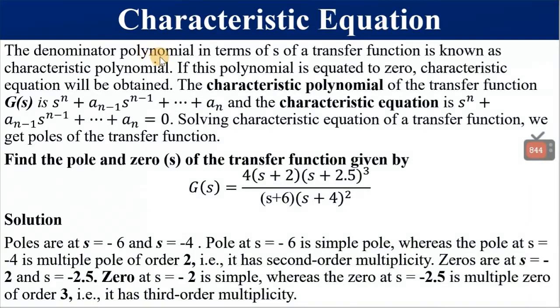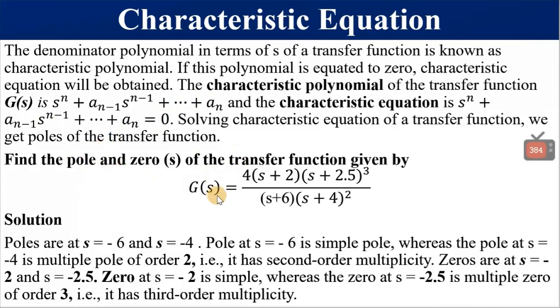The denominator polynomial in terms of s of a transfer function is what we call the characteristic polynomial, and when we set it to 0, it is now called a characteristic equation as shown. s to the power n plus a(n minus 1) multiplied by s to the power n minus 1 plus and so on up to a n. This is what we call the characteristic polynomial, and when we set it to 0, we call it a characteristic equation, and we've got a question to that effect.